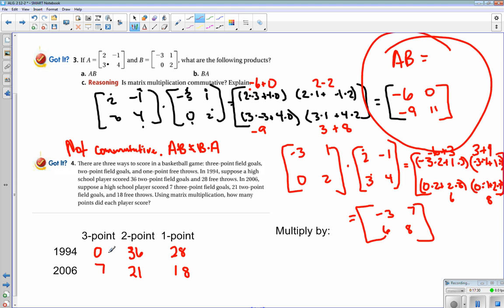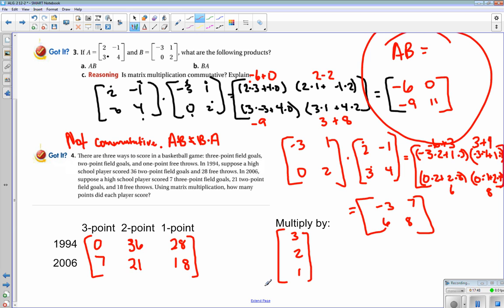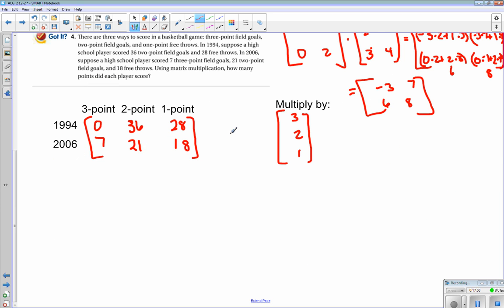So your first matrix is this. And we want to make sure we multiply by 3 points is 3, 2 points is 2, and 1 point is 1. So we're going to go ahead and do this multiplication.